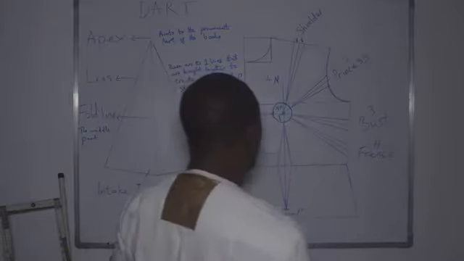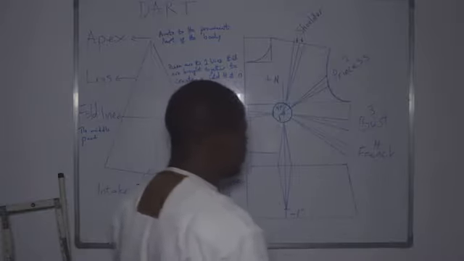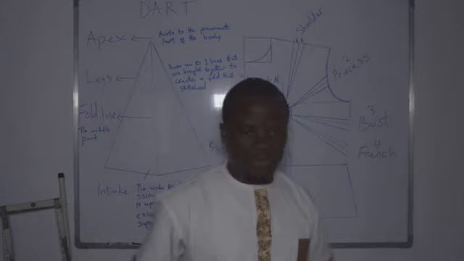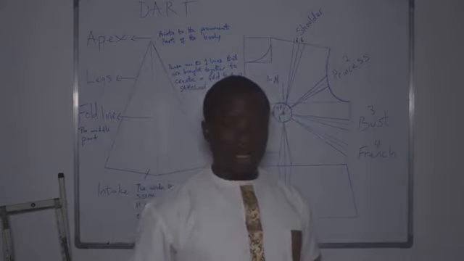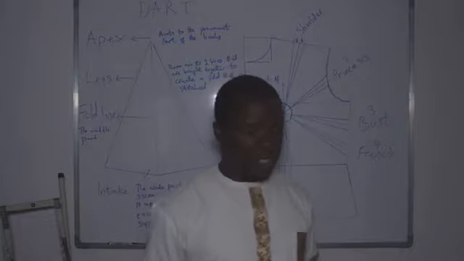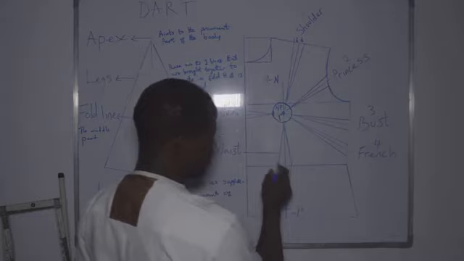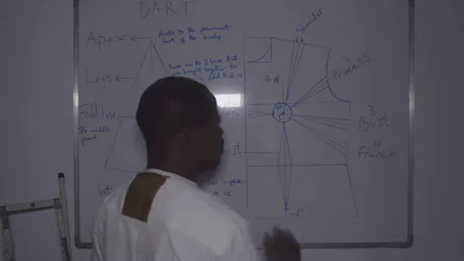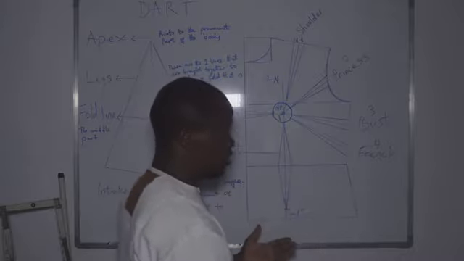Then we come to the waist dart. Now, this one depends on the size of the individual. If the person is very busty, very big, very curvy, then rest assured that you are going to take at least between 1 inch to 1.5, sometimes even 2 inches.